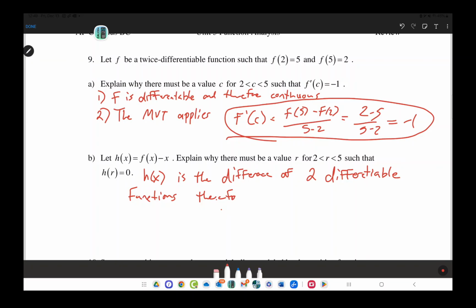Therefore, h of x is continuous. So that's one. Two, MVT applies.